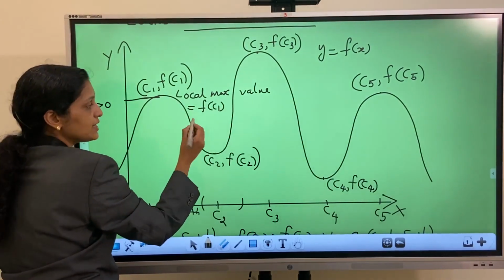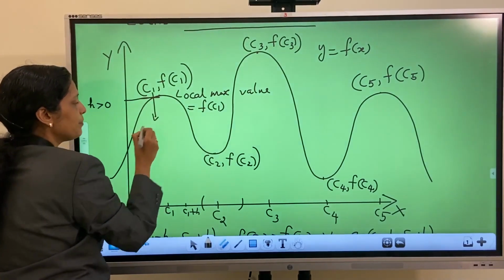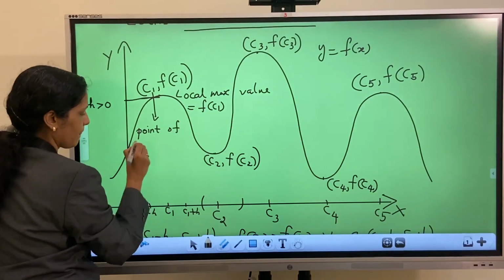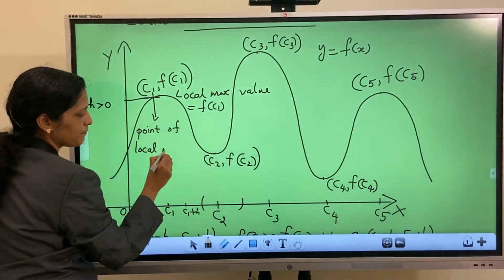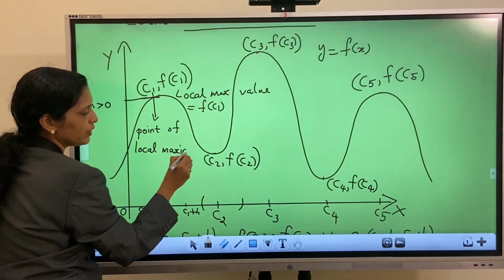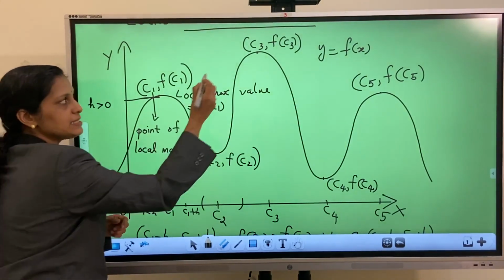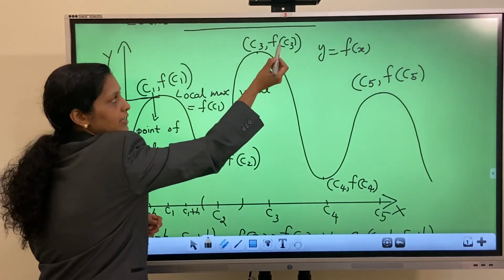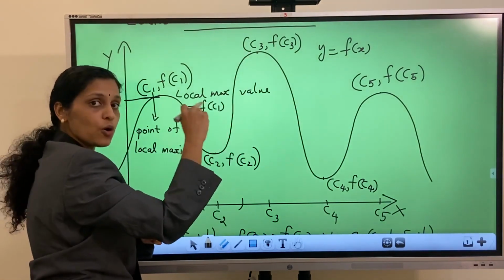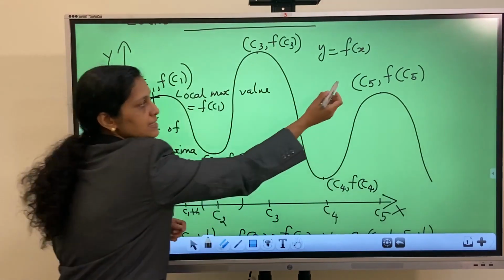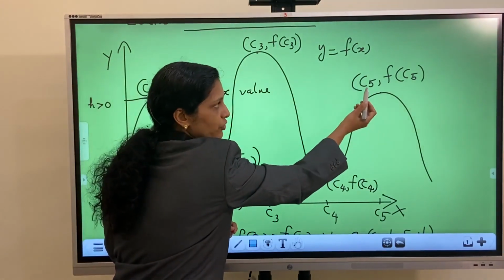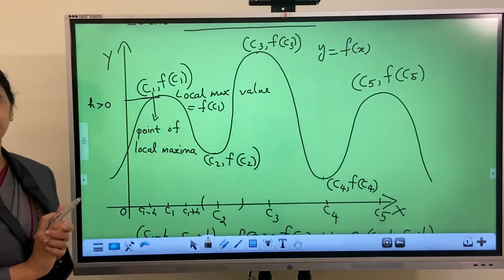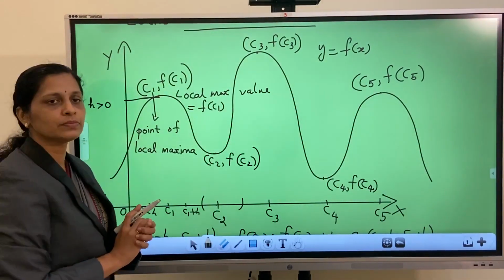Therefore, we are calling C1 the point of local maxima. Similarly, C3 is another point of local maxima and f of C3 is another local maximum value. C5 is another point of local maxima and f of C5 is the local maximum value.